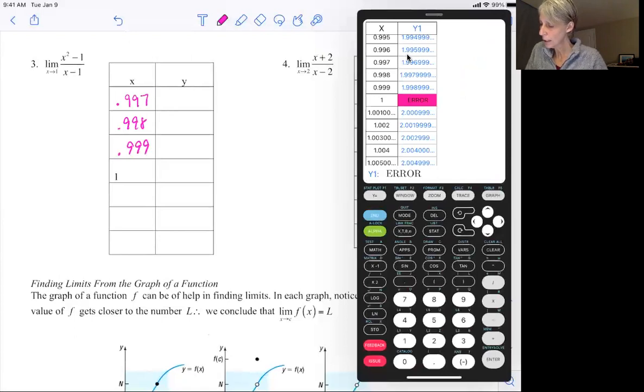When I plug in 0.997, some of you may already know what's going on, and that's great. If you don't, just read your table. 1.003. When I plug in 1.003, I get 2.003.